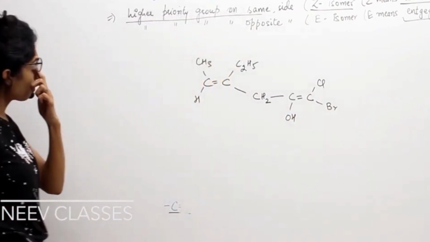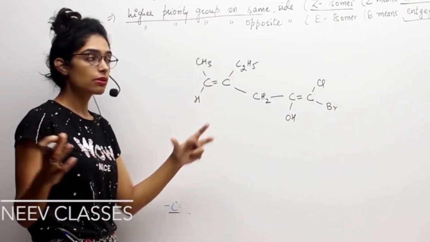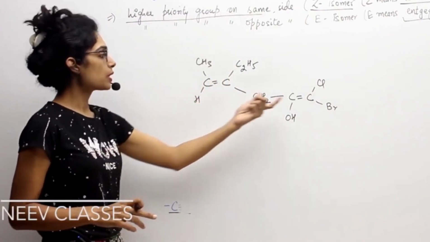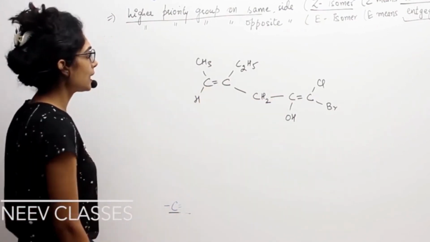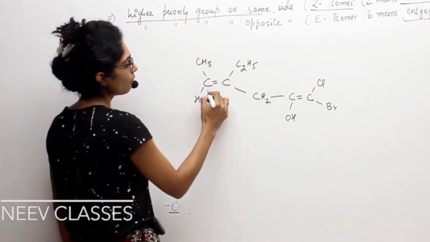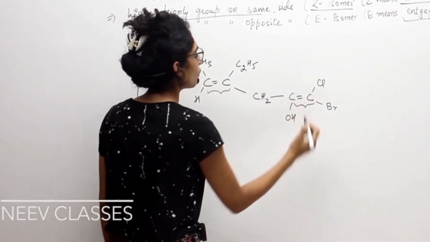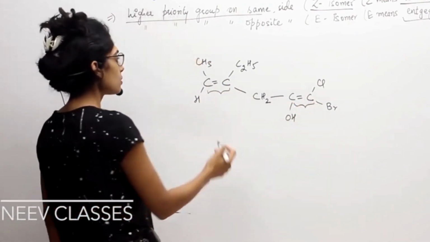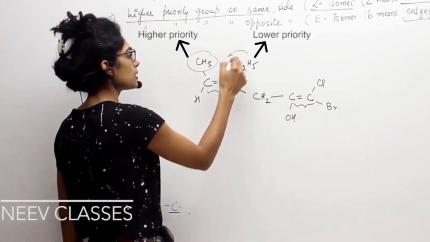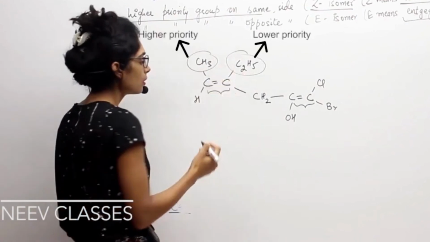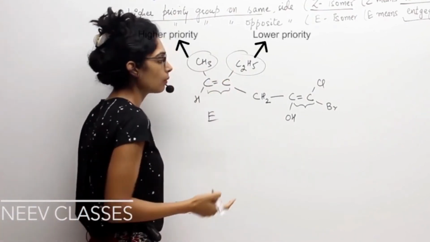I have written it in a nice manner, but it could be written as a simple straight chain, and then you would have to calculate E and Z individually. So in this case, you'll find out E and Z separately for each double bond. For example, this is higher priority and this is lower priority. Both the higher priorities are opposite to each other. So this is E.